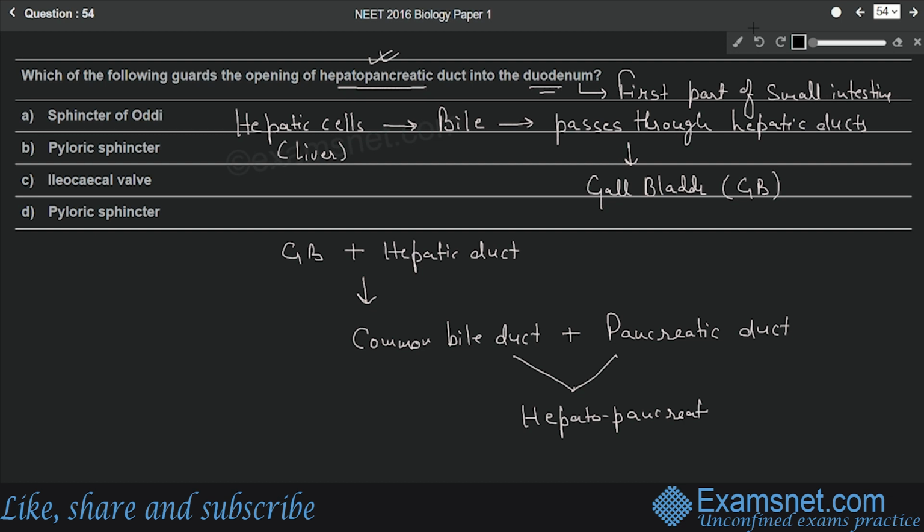So now I hope you understood what is hepatopancreatic duct, and this duct is guarded by the sphincter of Oddi into the first part of the small intestine, that is duodenum. Okay, so the correct answer will be option number A. Sphincter of Oddi guards the opening of hepatopancreatic duct into the duodenum.